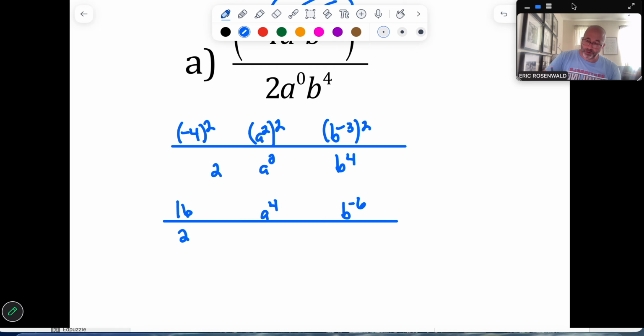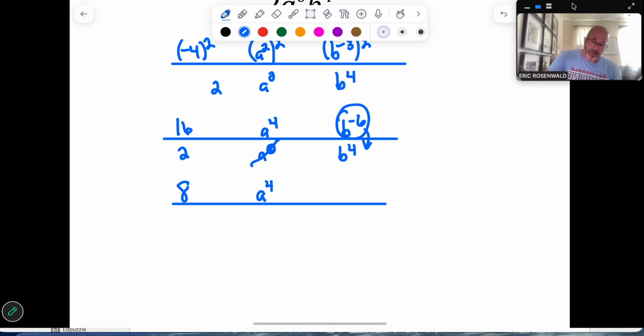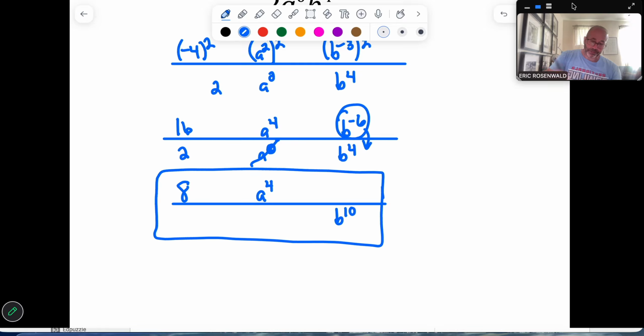On the bottom, we have 2, a to the 0, a to the 0, and then b to the 4. Okay, keep simplifying. 16 divided by 2 is 8. A to the 0 just goes away. B to the negative 6 goes to the bottom, and there's already 4 at the bottom, so now there's 4 and 6. There's a total of 10. This is your answer.